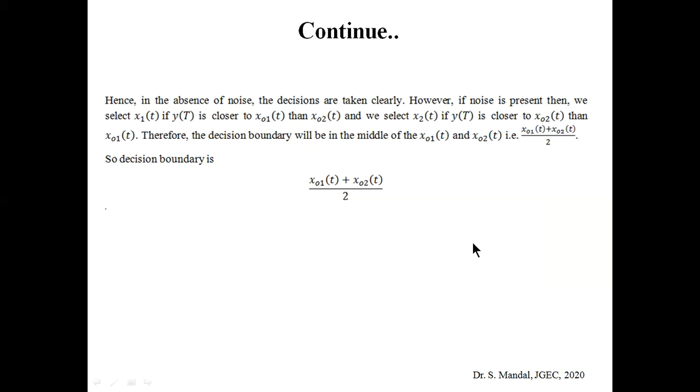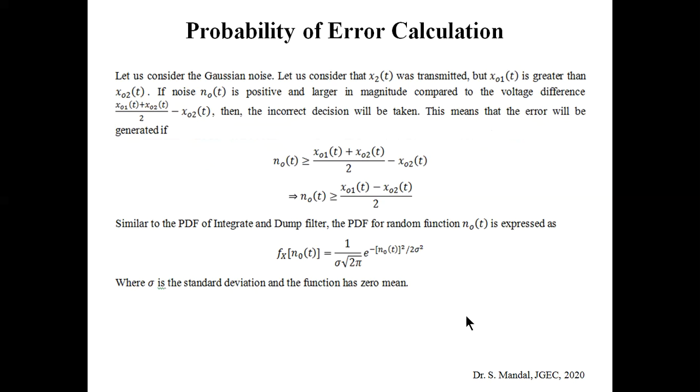So here the importance of the x01 and x02 values is very great. Now consider the Gaussian noise. Let us consider that x2t was transmitted.